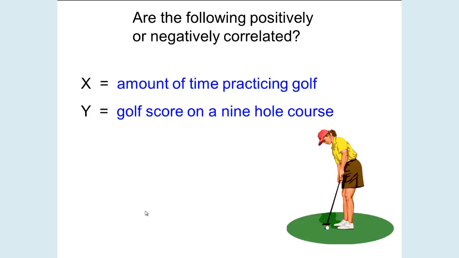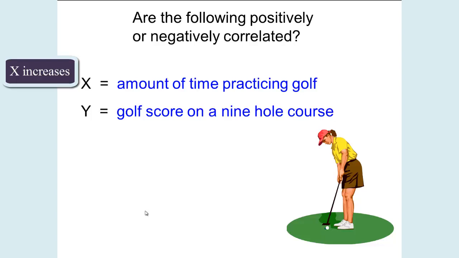Are the following positively or negatively correlated? X is the amount of time practicing golf, and Y is the golf score on a particular 9-hole golf course. As X increases and you spend more time practicing, what should happen to your golf score on that 9-hole course?